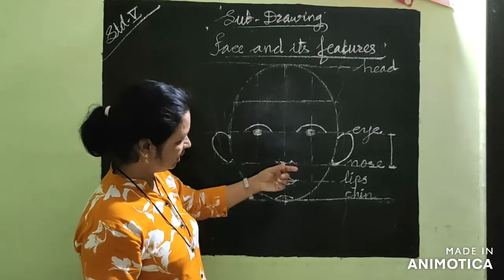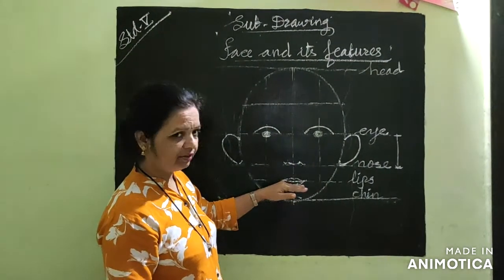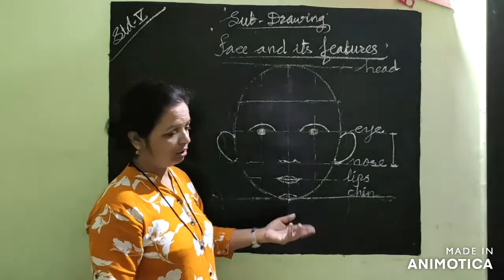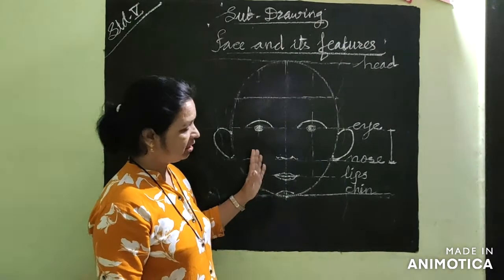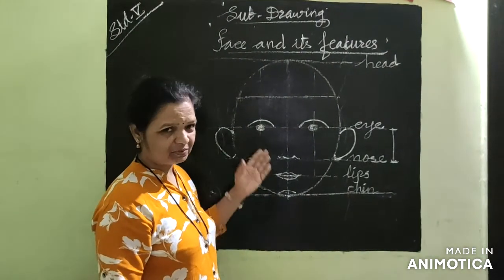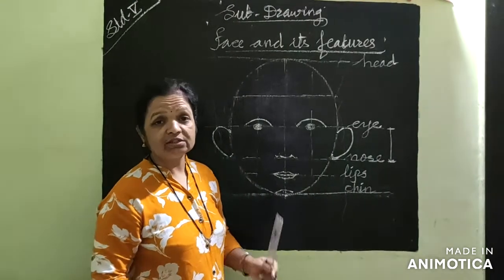Again divide it equally, we get the nose level. The remaining portion again divide equally, we get the lips location, and the chin we already decided at first. Understand? In this way, these are the simple steps of how to draw a front face. So let's see the book, what is given there.